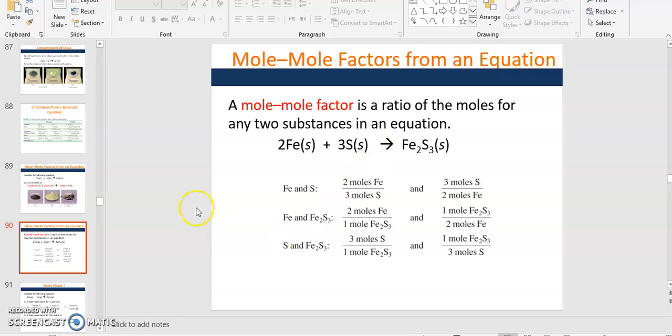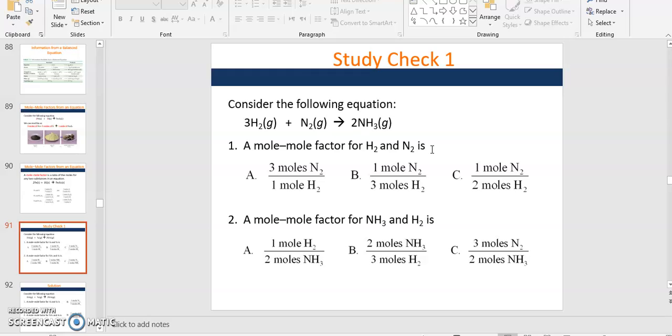So this is a very important step because you can move around in the equation. Whenever I give you an equation and ask you to figure out how many grams are produced by a specific reactant, you can play around between the reactant that I mention and the product that's mentioned. We will see some examples here.